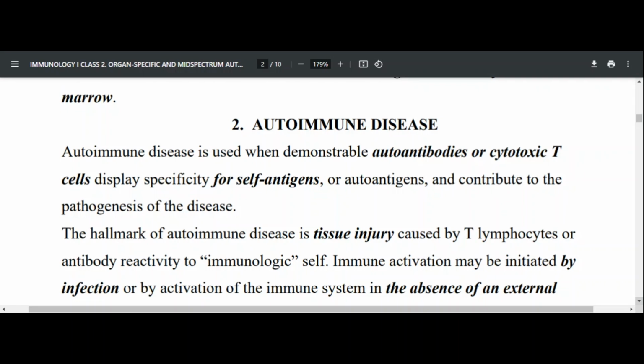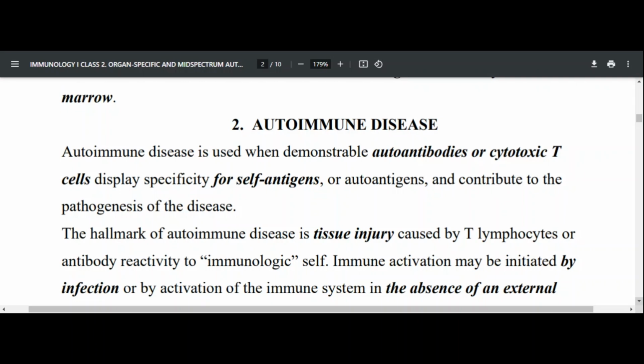That is what we call autoimmune disease. First, there are autoantibodies. Secondly, cytotoxic T lymphocytes express specificity for self-antigen, which means they are targeting or reacting towards self-antigens or autoantigens.